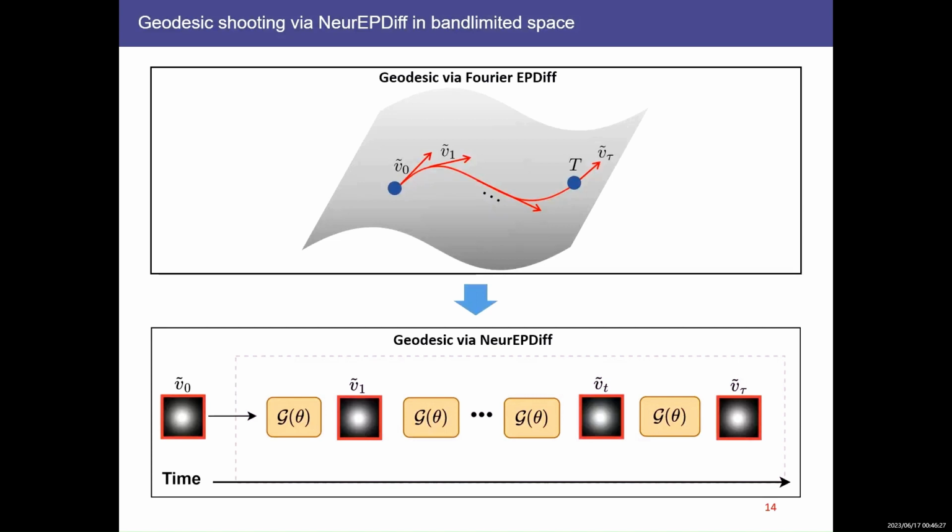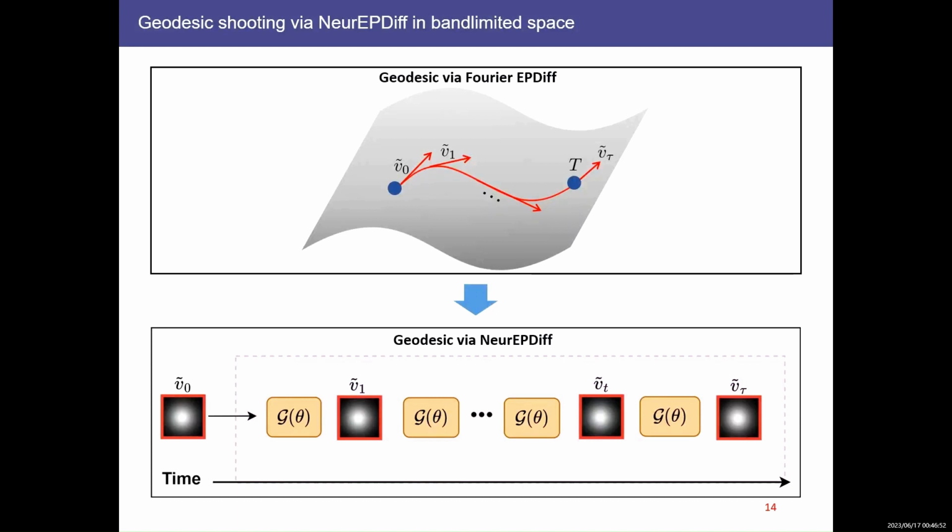We adopt an iterative architecture with tau steps of circulations of G theta to learn the entire solution function of Fourier EPDiff. In each iteration, we only learn one submapping from V0 tilde to V1 tilde, from V1 tilde to V2 tilde, and so on up until the endpoint V tau tilde.